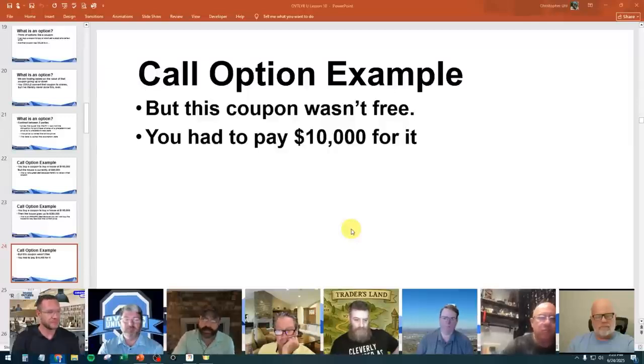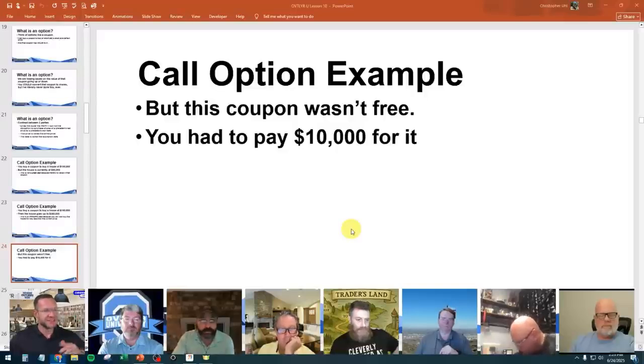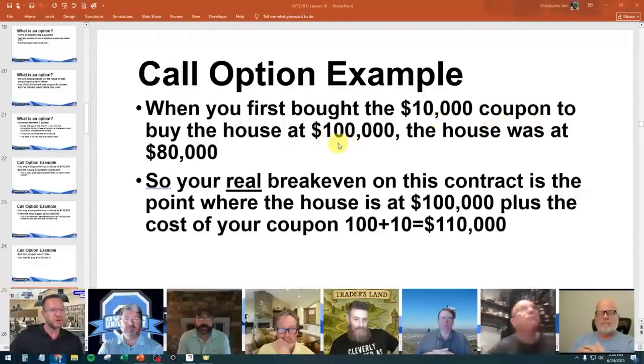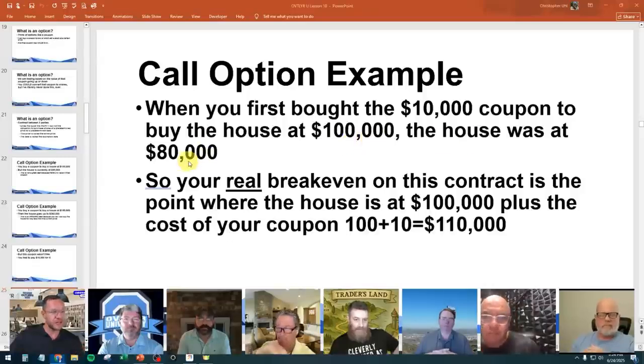But like you were saying, you're paying 10,000, hoping it's going to go up at least 30,000 just to get back to break even. Look at you, right? You'd want to see the price of the house go up by the amount of the house plus what you paid for the option. Very smart. When you first bought the $10,000 coupon, the coupon to buy the house at $100,000, our strike price, the house was currently trading at $80,000.